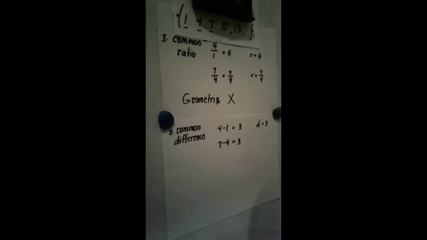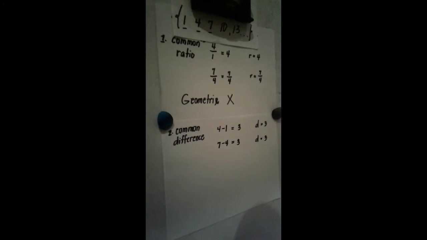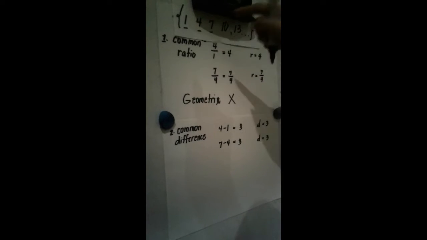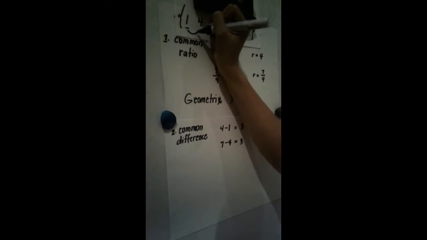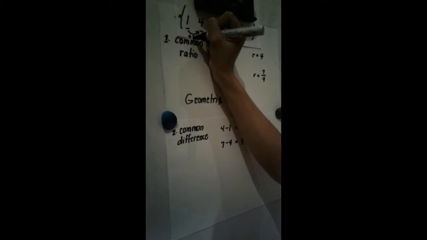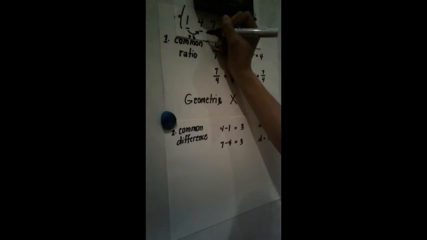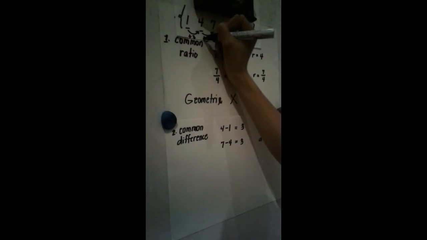Now we get the same difference. We have a common difference, which is 3, and that means that to go from 1 to 4, we need to add 3. And to go from 4 to 7, we need to add 3 also.